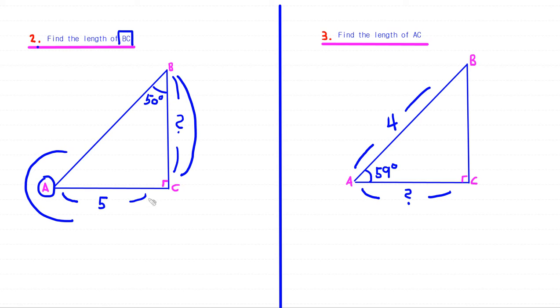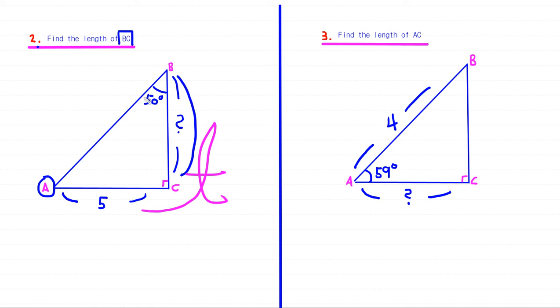We know the value of AC, but they didn't tell us to find the length of AB. So that means we cannot apply cosine. And what about tangent? We drew tangent in this way, which is opposite side over adjacent side.